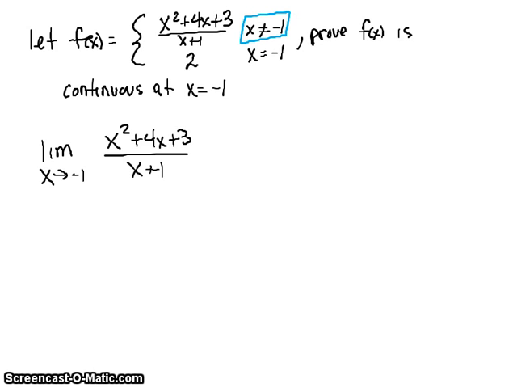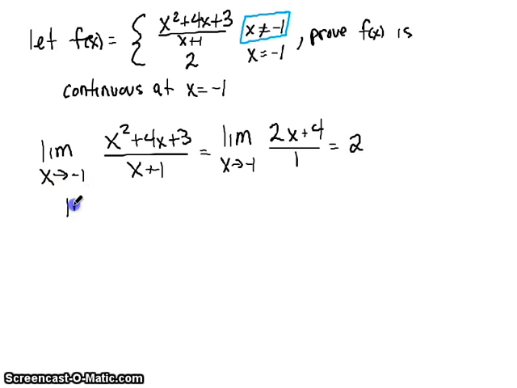So if we plug negative 1 in, we're going to get negative 4 plus 4, which is 0, over negative 1 plus 1, which is 0. So we get 0 over 0, so we can think about L'Hopital's rule. We take our derivative, plug in negative 1 again, and our limit is going to be 2.